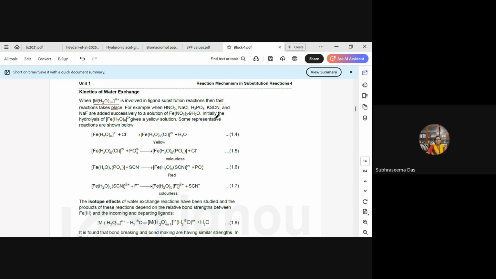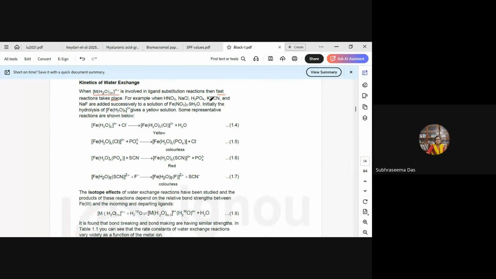For example, when HNO3, NaCl, H3PO4, KSCN, and NaF are added successively to a solution of Fe(NO3)3·9H2O, we see different types of reactions occurring.